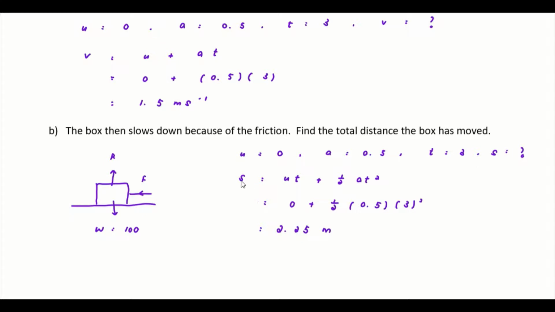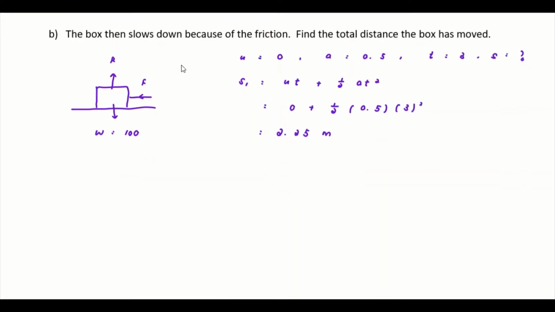All right, so this is the stage 1. Now let's look at the part where the box slows down. After 3 seconds, the box is not being pushed. So the only force exerted on this box is the friction. So that's why it causes it to slow down.